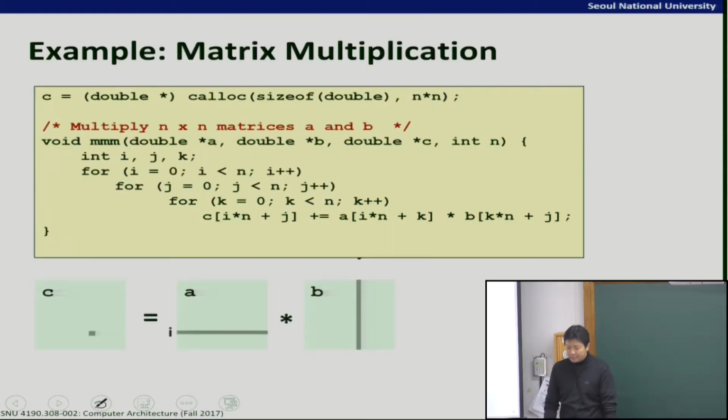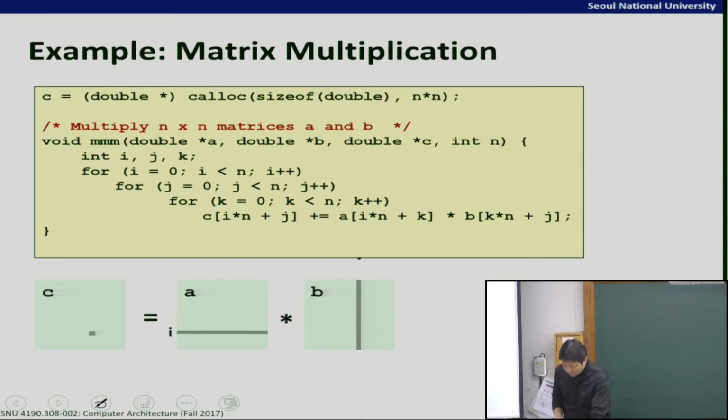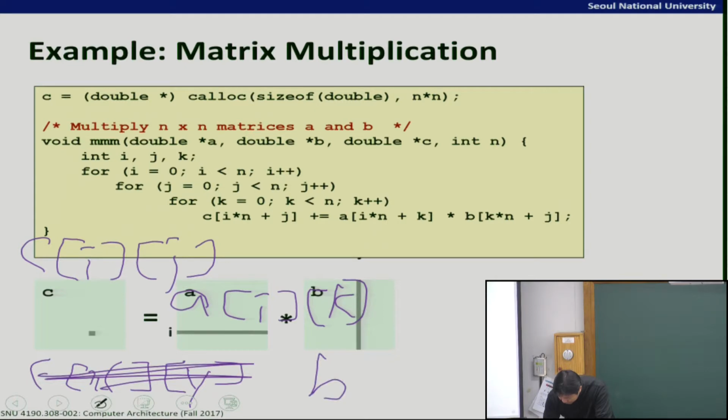So here is again the same matrix multiplication example. It's a triple nested loop with index I, J, and K. If you want to calculate a specific output element, C of I, J, then you have to read the entire row of A of I, K, multiplied by B of K, J. Right?